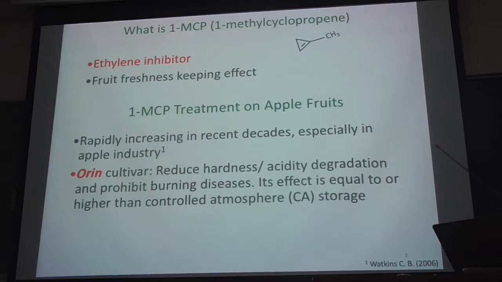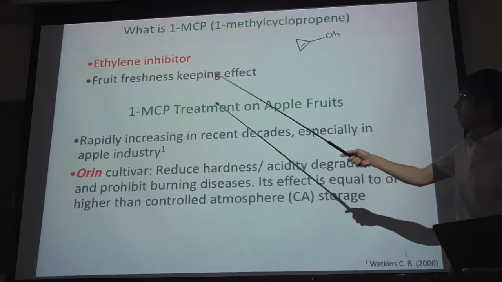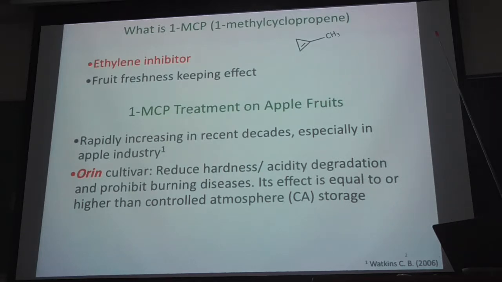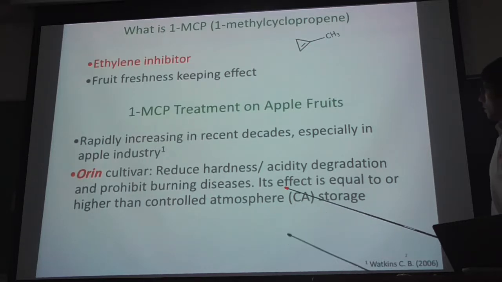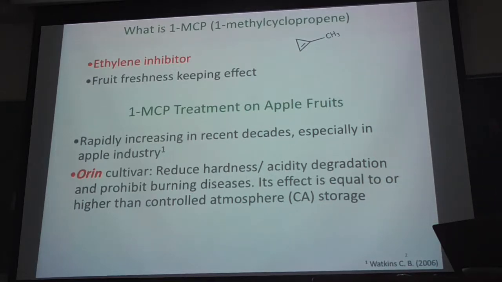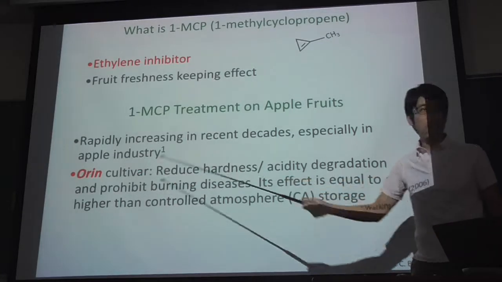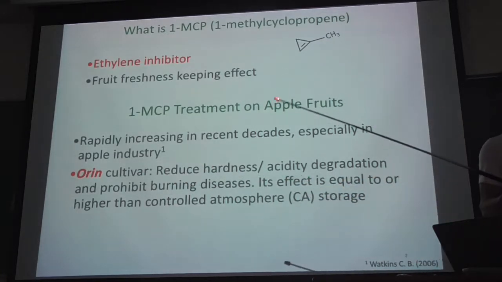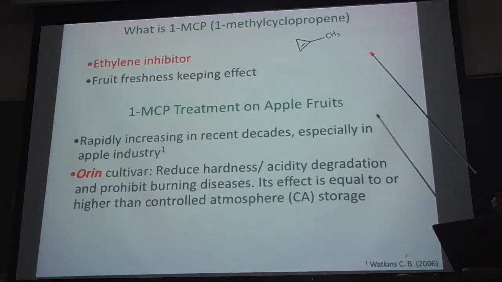And what is 1-MCP? It has a long name. It's an ethylene inhibitor, and fruit freshness can be kept long with this chemical. And for apples, the use of 1-MCP has been rapidly increasing in recent decades, especially for the Orin cultivar. Orin is a Japanese apple with a green skin.